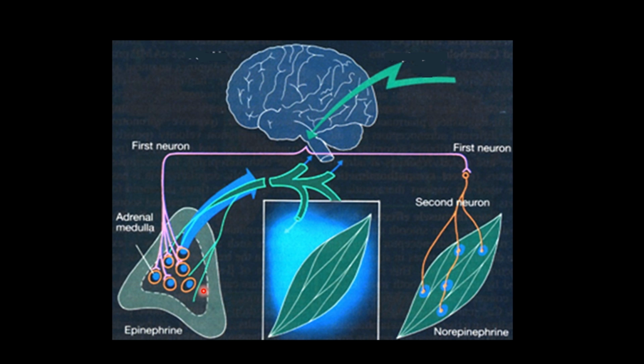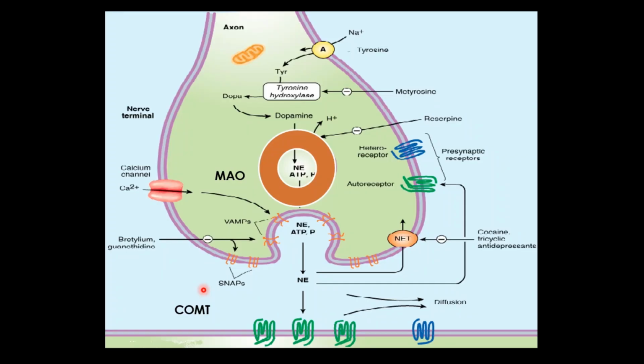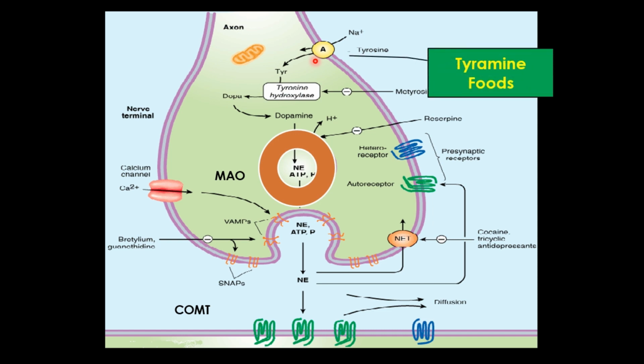Now the neurotransmitter of the sympathetic system is norepinephrine, and the raw material required for its synthesis is tyrosine. There are certain tyramine-containing foods with plenty of tyramine, like cheese, which is a very important tyramine-containing food.